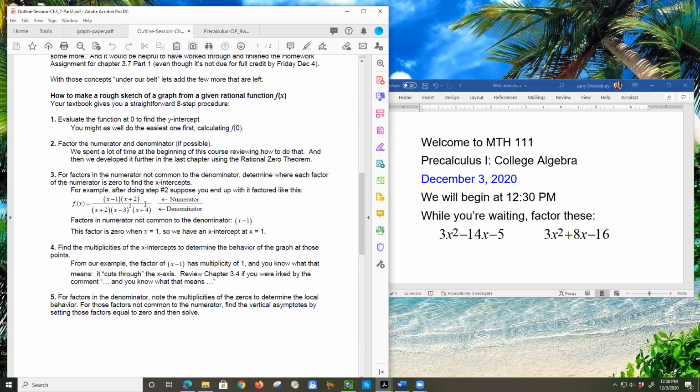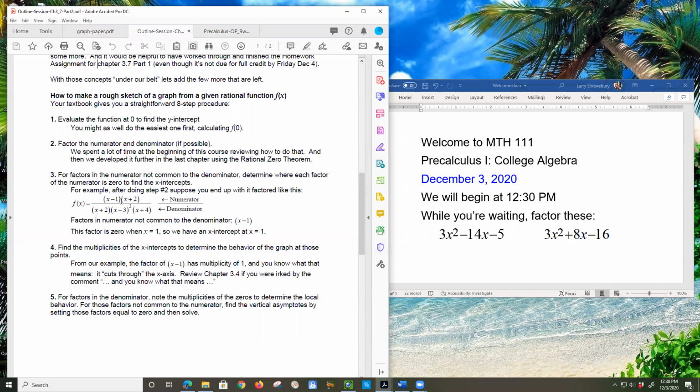Oh yeah, I kind of skipped over 2 here. The idea with 2 here is where you have to factor. That's like what we had going on over here. If this were up in the numerator and this was down in the denominator, the first thing you got to do here in number 2 is factor the darn thing. Now here in number 3, we can see this one's all factored, after step number 2 had been done.